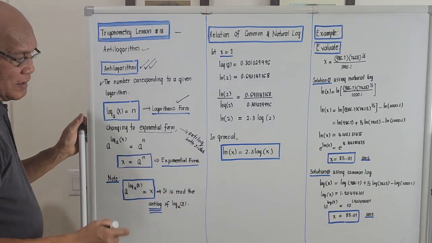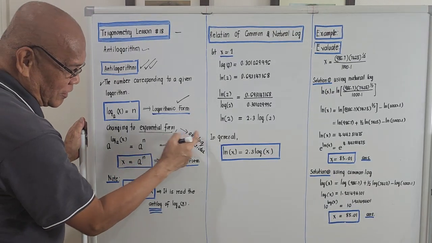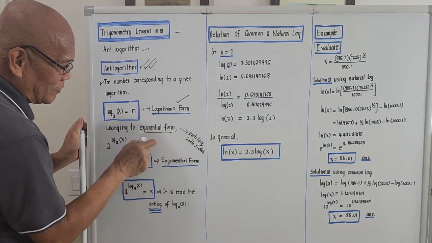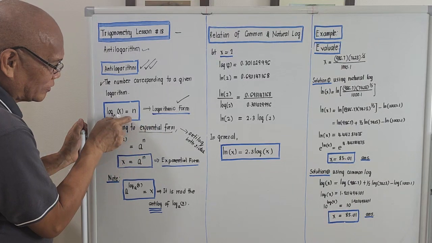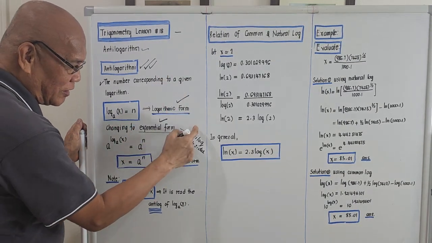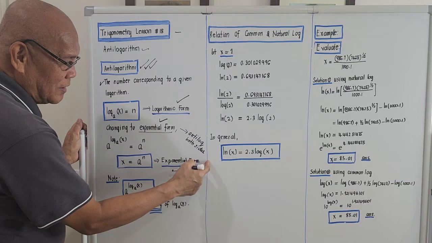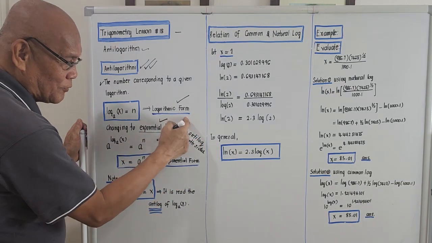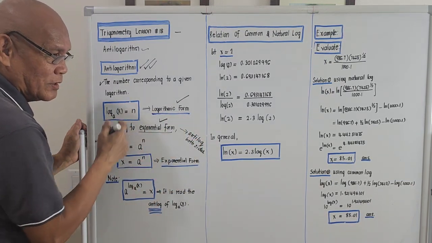Taking the antilog of both sides means we must change the given logarithmic form to exponential form. That's the equivalent of the antilogarithm of both sides. Antilog is just the exponential form of the given logarithmic form.